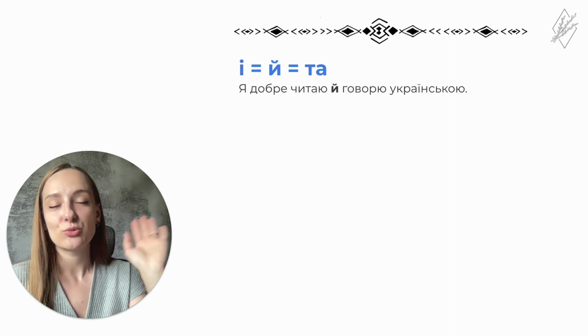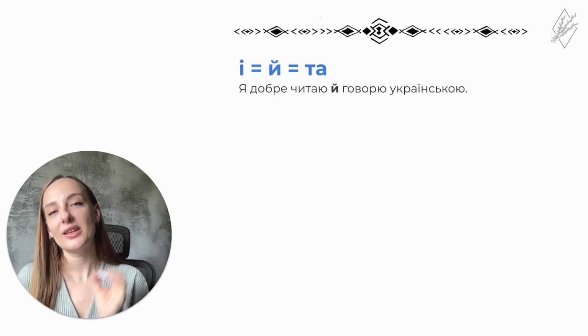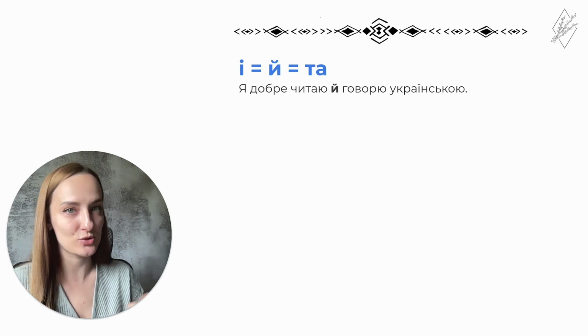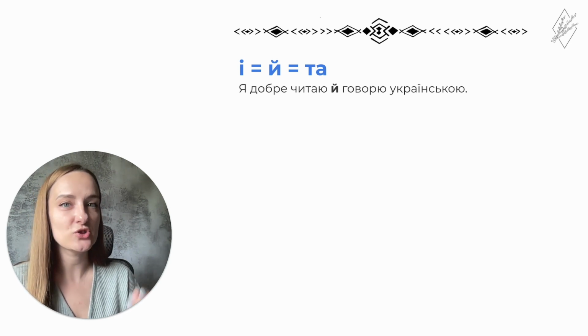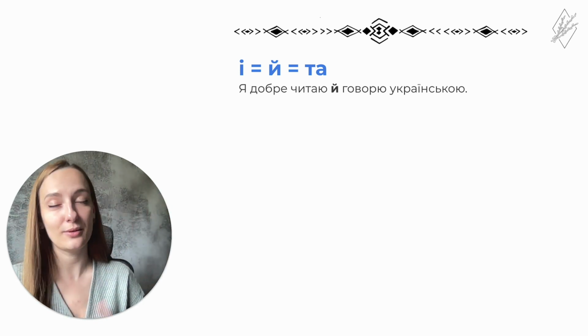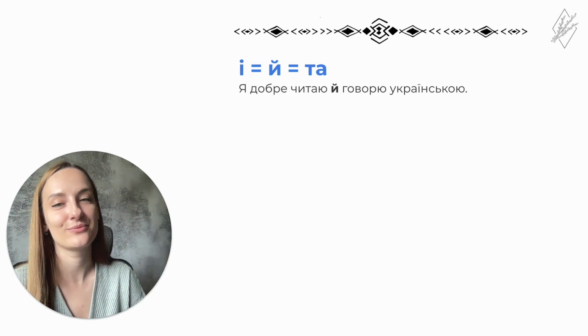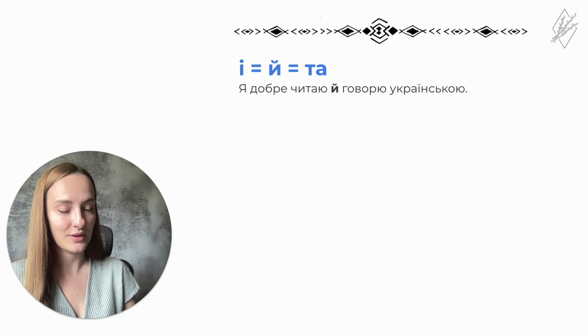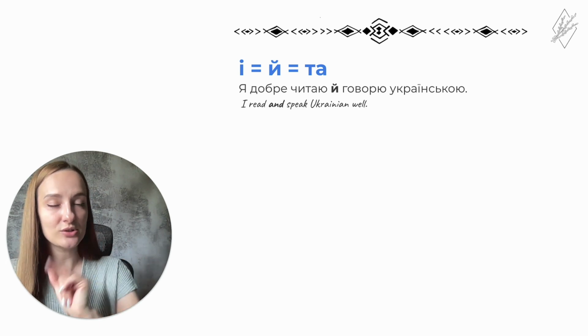And let's read the first example. Я добре читаю й говорю українською. What the conjunction й, which is equal to і and та, means here. Here you see the translation of Unit 1.